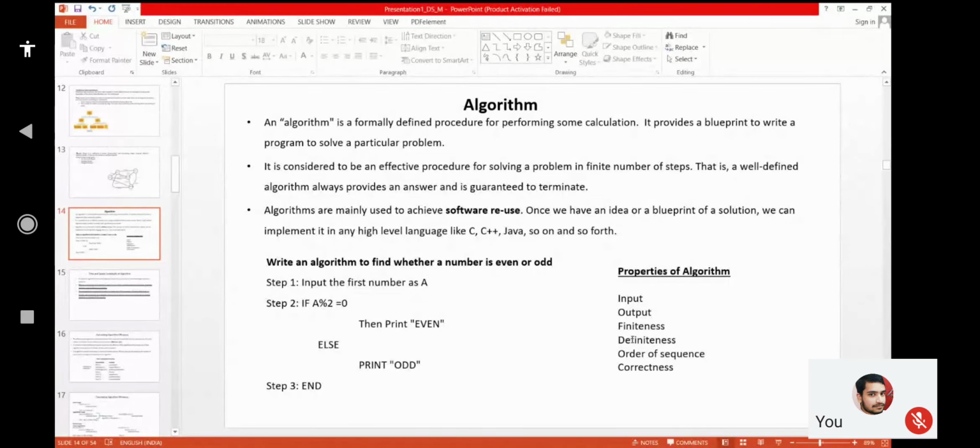Suppose there is a very complex problem; the algorithm may be 1,000 lines, maybe 5 instructions, maybe 1,000 instructions, but the instructions are finite. That is all about finiteness.